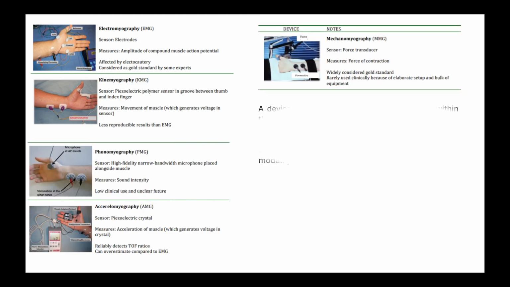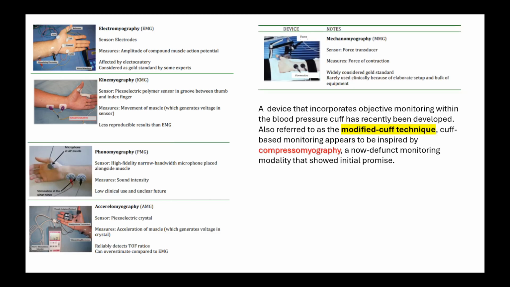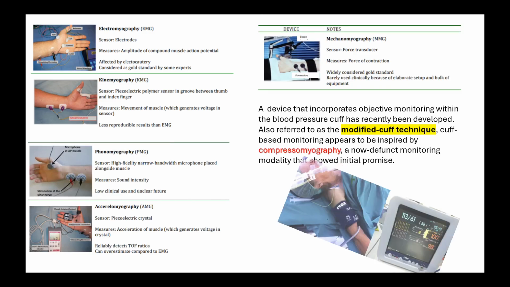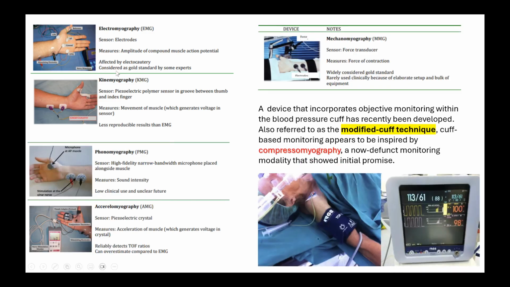And they also tried using a BP cuff, the NIBP cuff which we commonly use, for assessing neuromuscular transmission, which was called the modified cuff technique. That was called compressomyography, but that has not been proved to be useful. So now it is defunct, it is no longer in use.